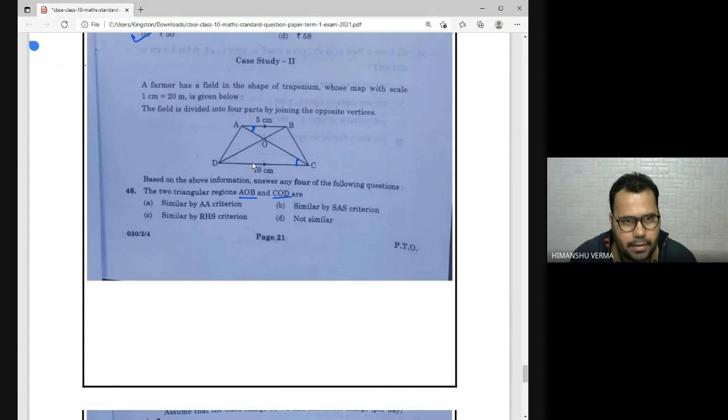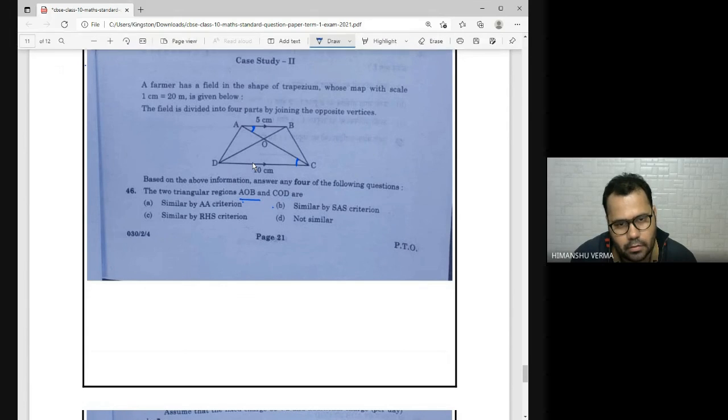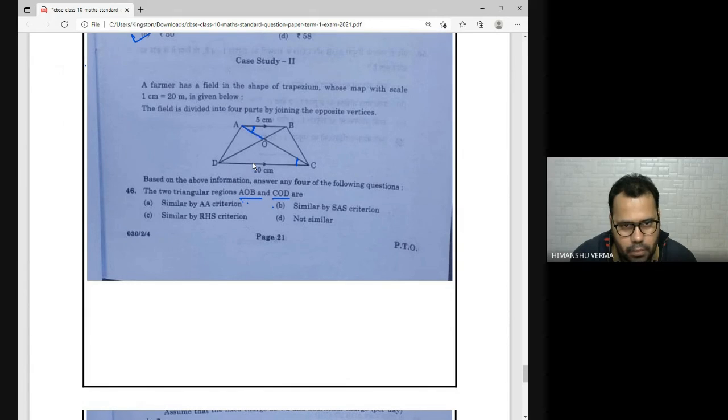The field is divided into a trapezium, right? It's saying AOB and COD.